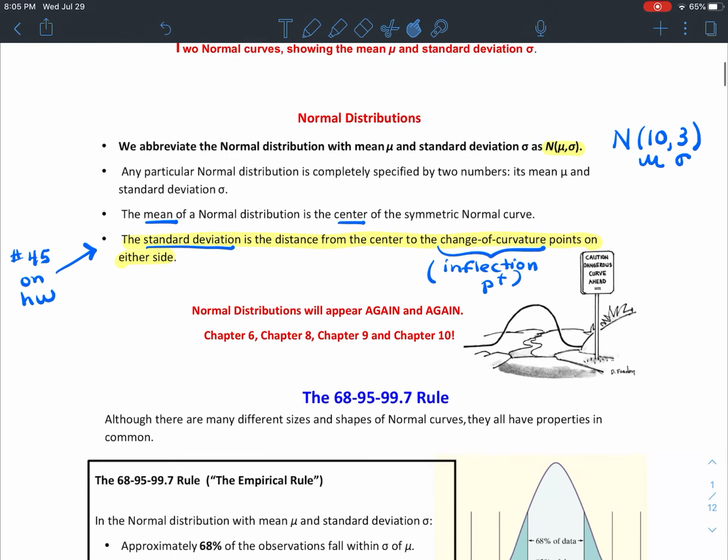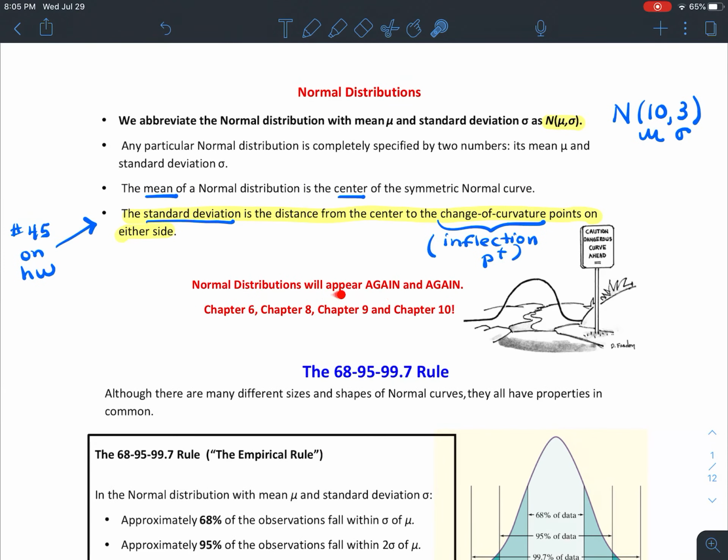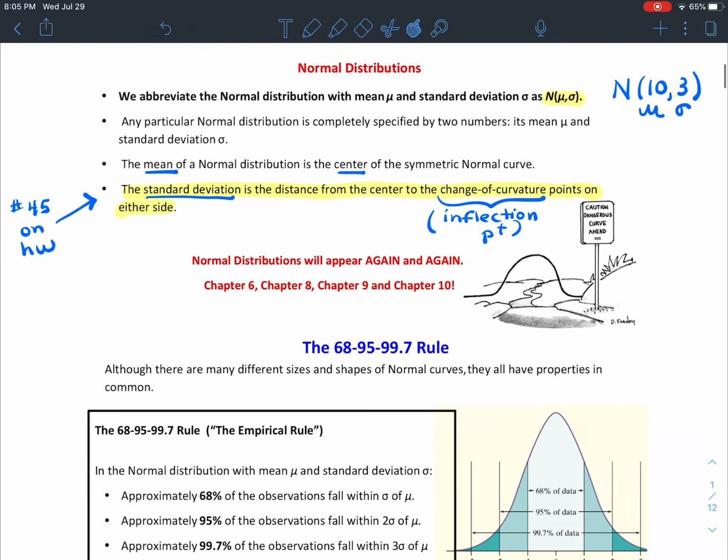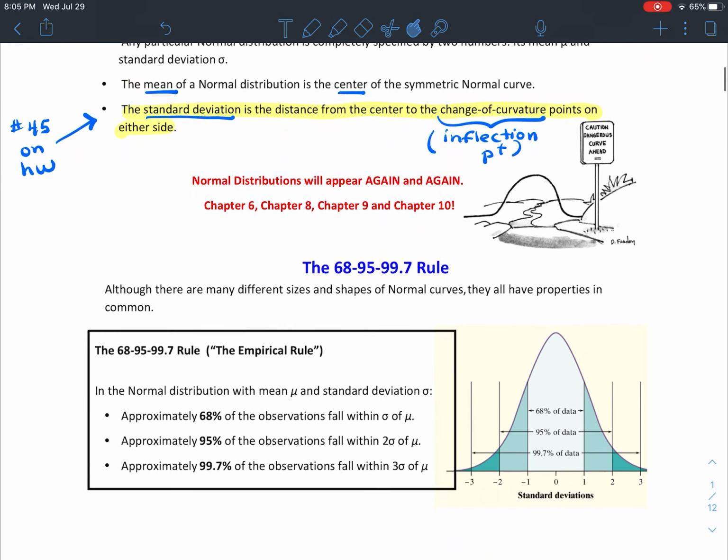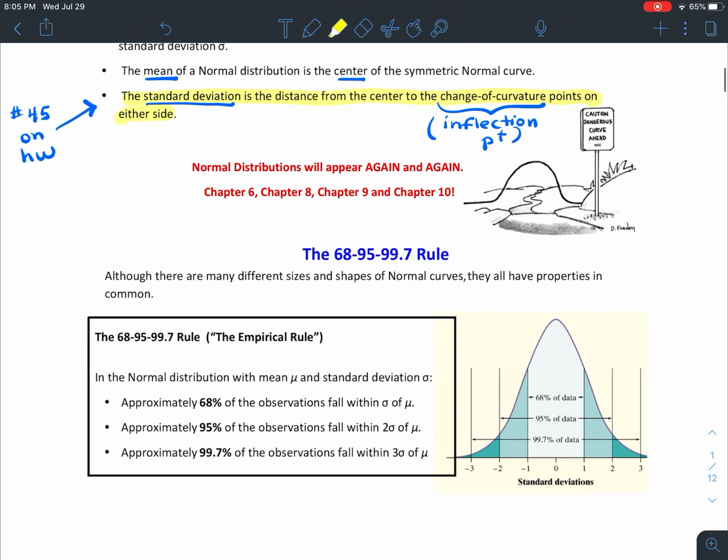All right, so normal distributions are something that are going to continually pop up in all sorts of future chapters, but this is where we are first introduced to this idea. And we have something called the empirical rule, or the 68, 95, 99.7 rule.